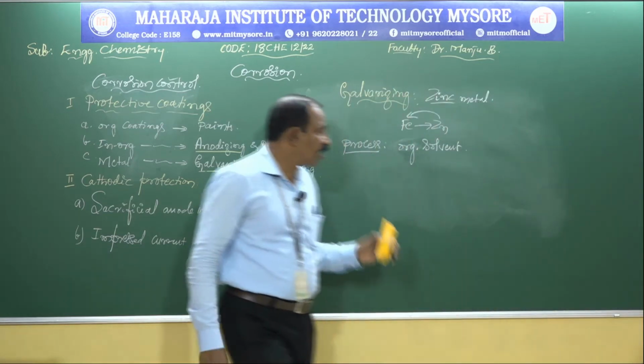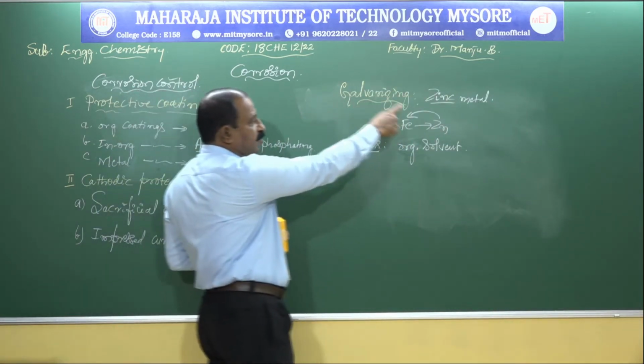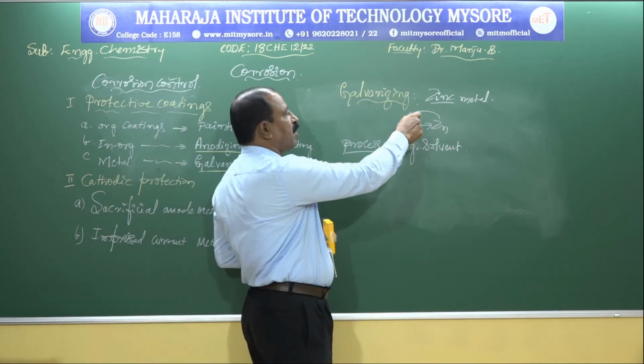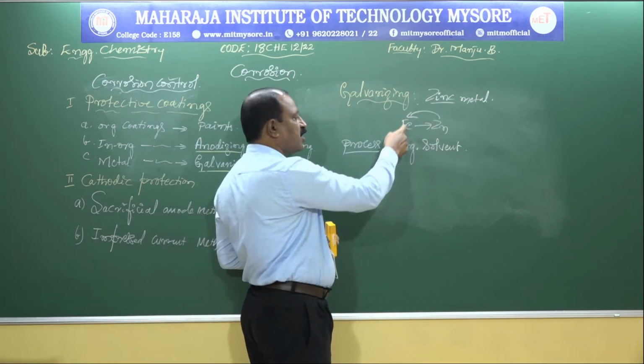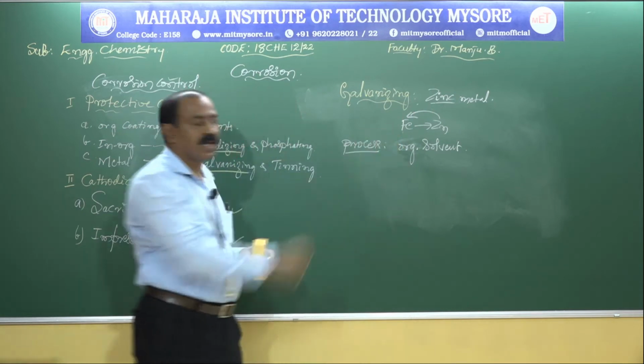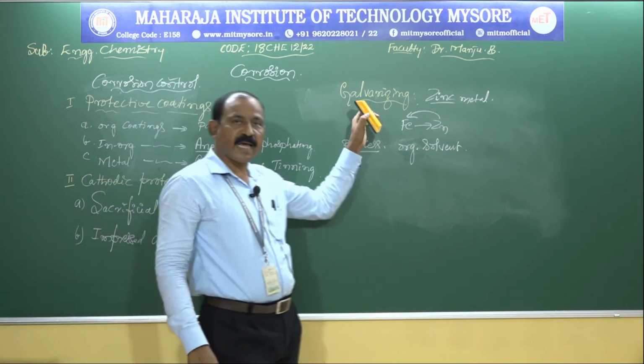Galvanizing is the process of coating pure zinc metal on the surface of the base metal to control the rate of corrosion.